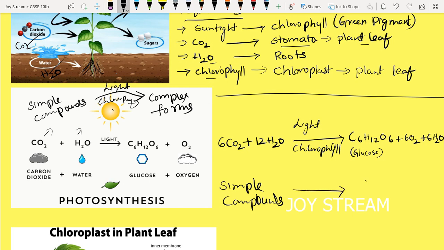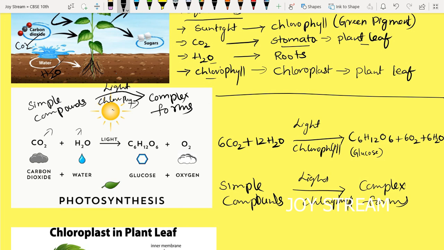Then they are converted to complex forms in the presence of light and chlorophyll. This is called converting the simple compounds to the complex forms in the presence of light and chlorophyll, and it is called photosynthesis.